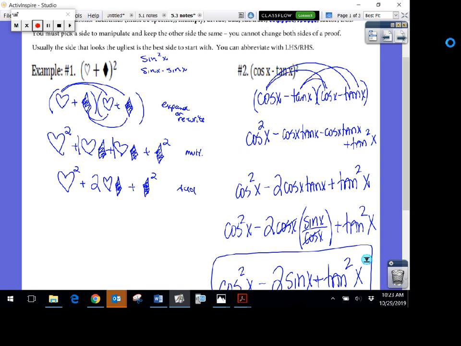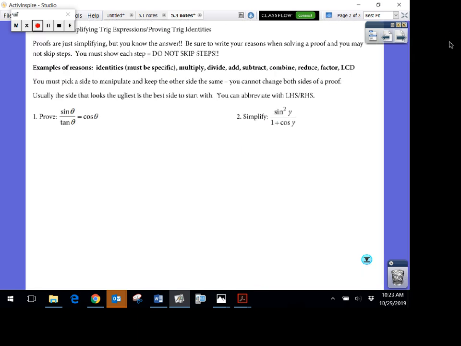All right, so this first one is a proof. Again, you pick one side. So no combine, no reduce, no simplify. Those three things. We pick one side. You cannot move things to the left and the right. Either you're going to make sine theta over tangent theta equal cosine, or you're going to make cosine equal sine theta over tangent theta.